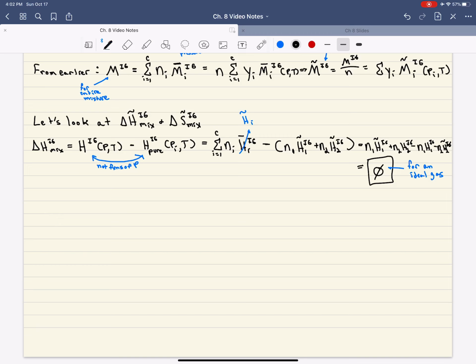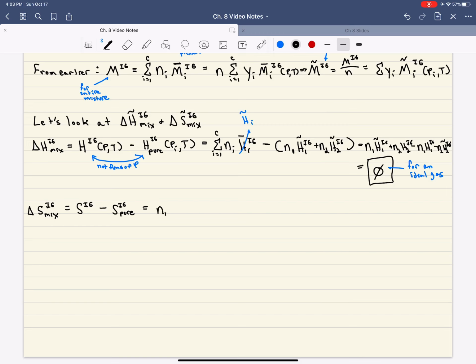So we looked at enthalpy. Let's now look at entropy. And this one's a little bit trickier. So S mix Ig. All right, and so here we would be looking at the entropy of the entire mixture. And then here we would be looking at the entropy of the pure components. And so for the entire mixture, let me just write it out.